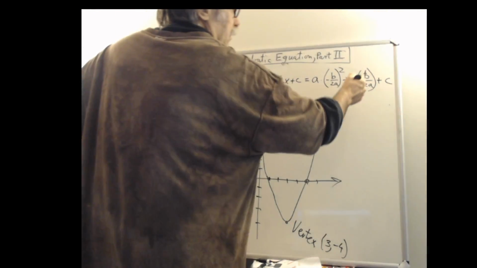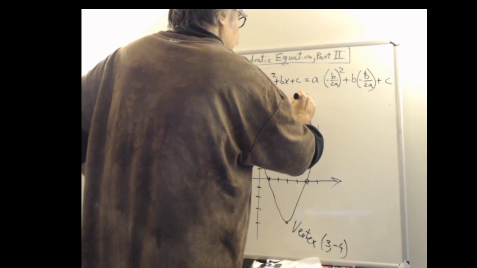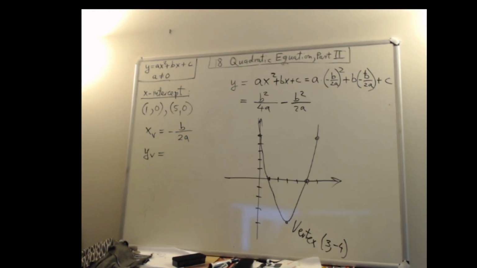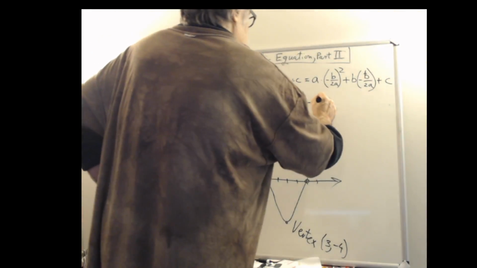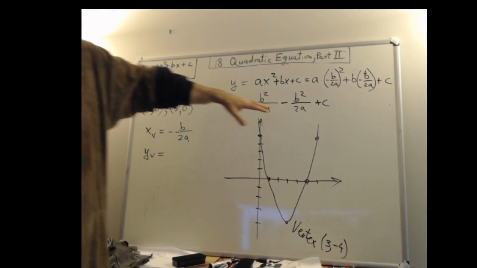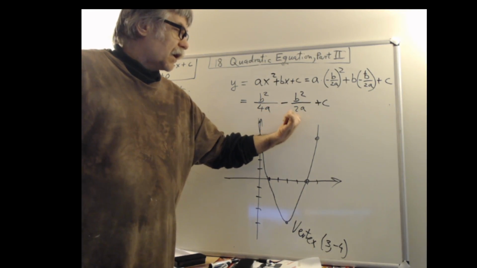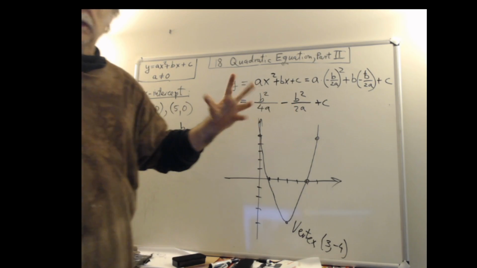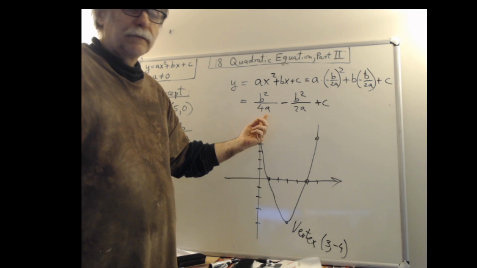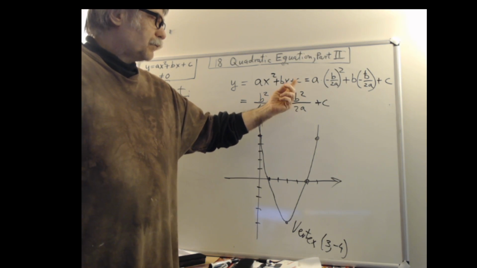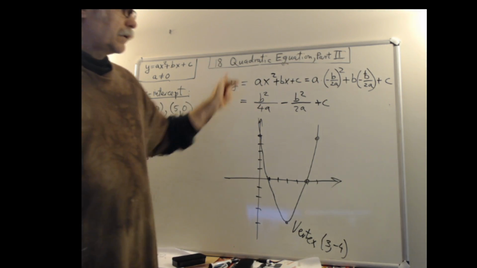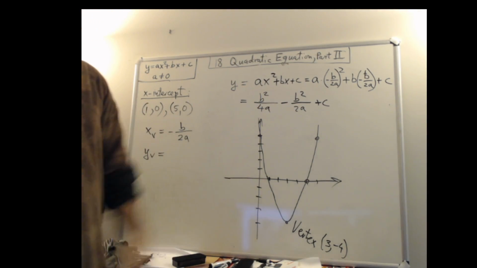Now this one is much easier. I just have a negative b squared over 2a plus c. This first part is easy. This thing here is a half of this thing here. When you want to make a half of a fraction, you just multiply the denominator by 2. So it's exactly what you have here. So when you have this added or subtracted, you're going to get negative this guy.